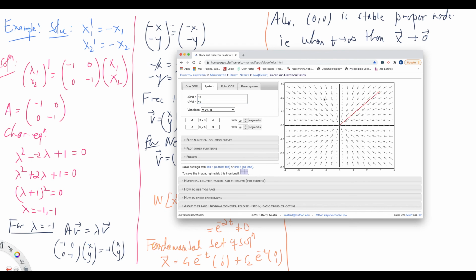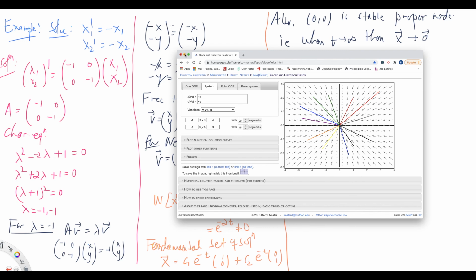If you start anywhere, it goes directly to the origin. So in this case the origin is a stable proper node, and this is also called a stable star node, because it is like a star going to the origin.